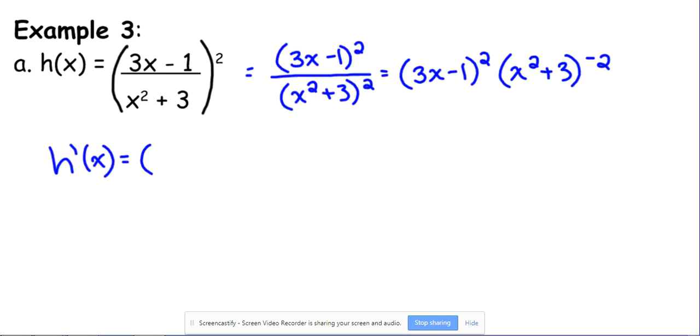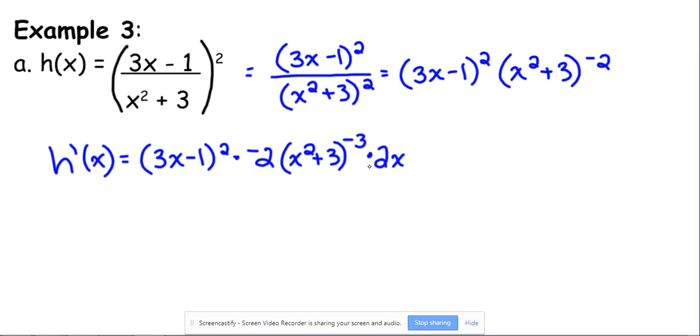Okay, so first, 3x minus 2 squared times the derivative of the second. This does require the chain rule. Bring down the exponent, keep the inside the same, subtract 1 from the exponent, multiply by the derivative of the inside. Plus the derivative of the first, bring down the exponent, keep the inside the same, subtract 1 from the exponent, multiply by the derivative of the inside, times the second.